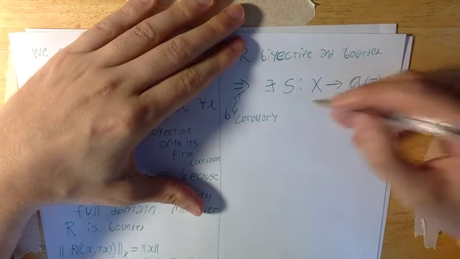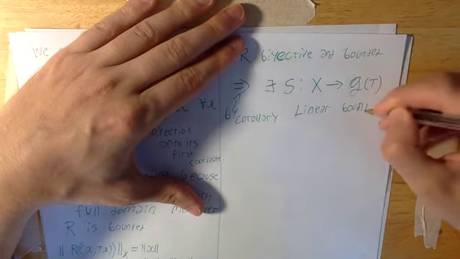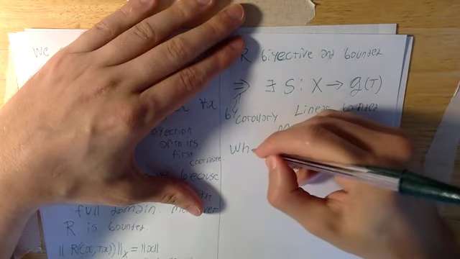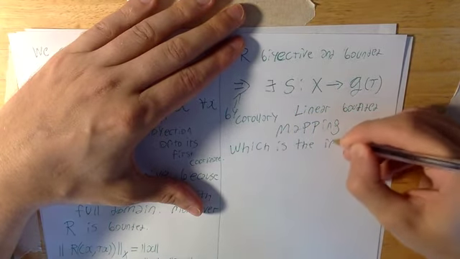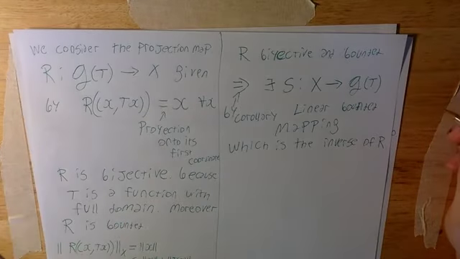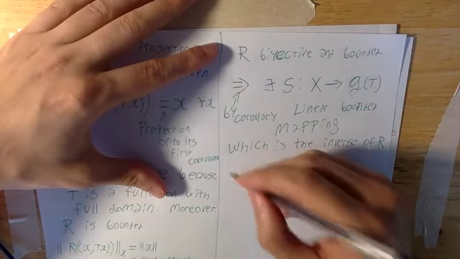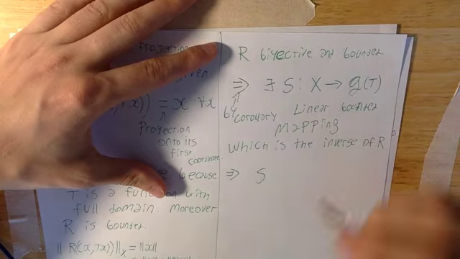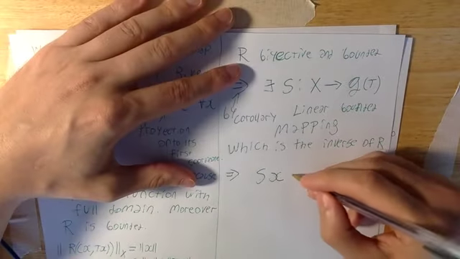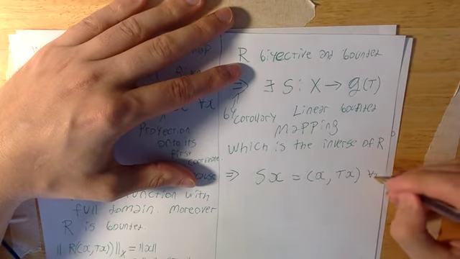There exists a linear bounded mapping S from X to G of T, which is the inverse of R. So what we know is that S of x is equal to (x, Tx) for every x.